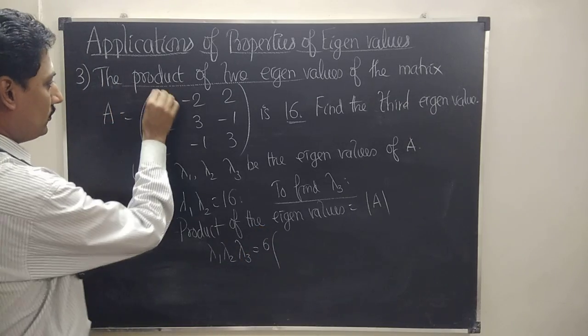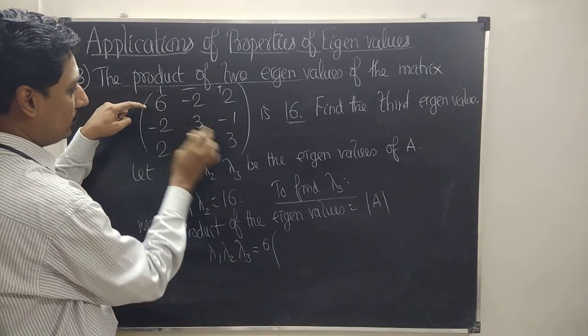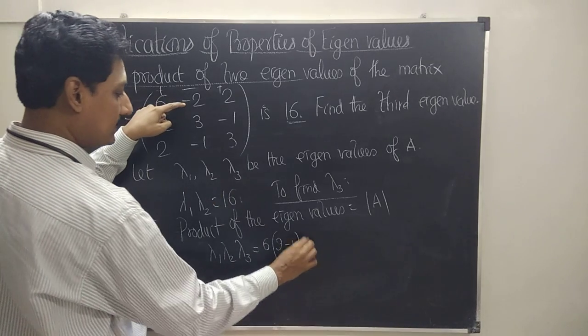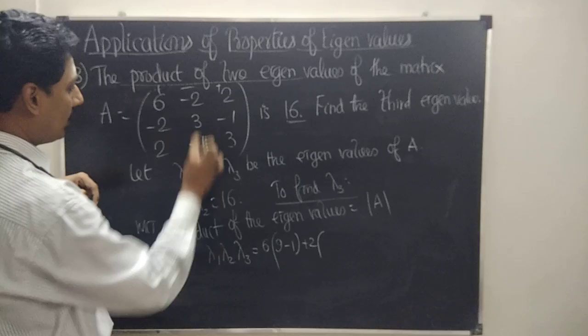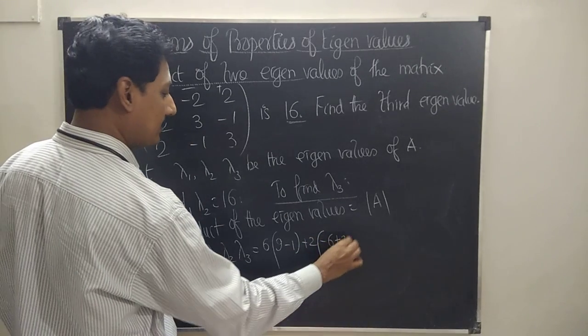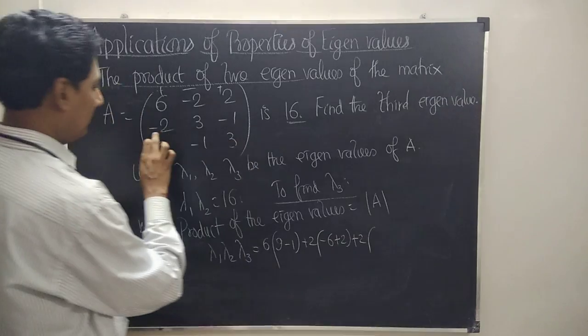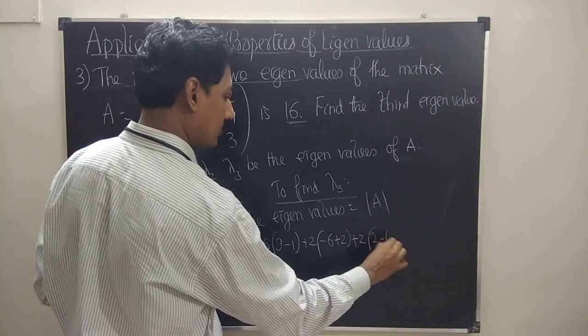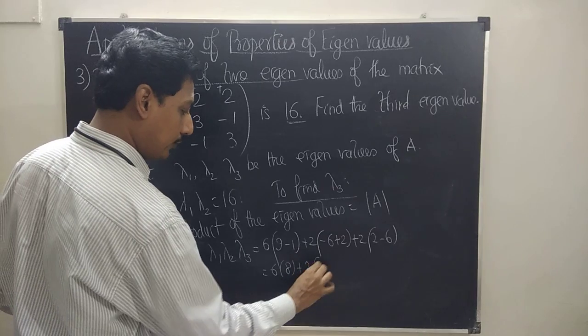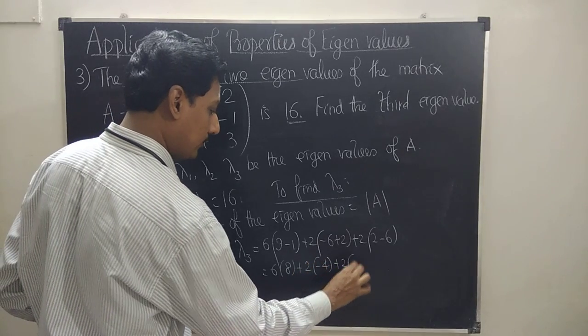Plus minus plus, 6 into 9 into 3, 9 minus 1, then minus plus 2 into this row, this column, minus 2 into 3 is minus 6, minus 2 into minus of minus 2 is plus 2, plus 2 into this is 2 minus 6.